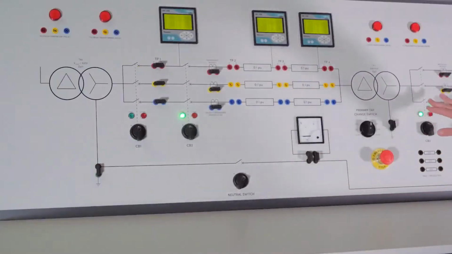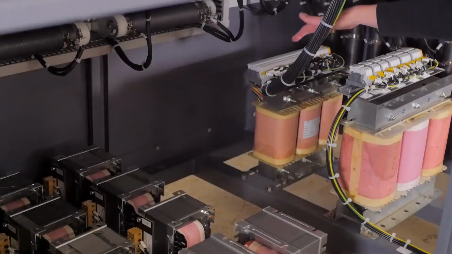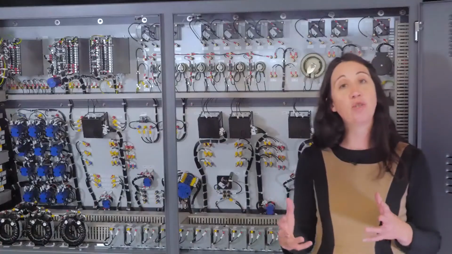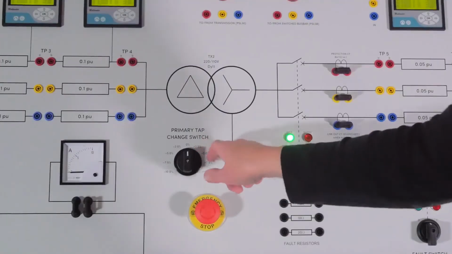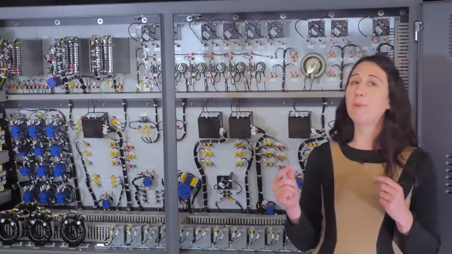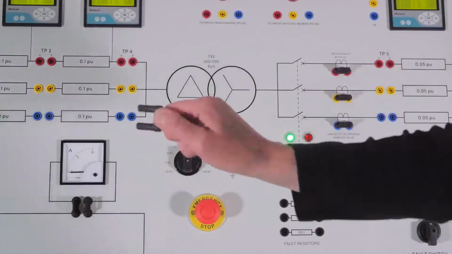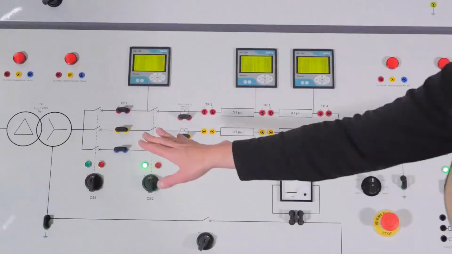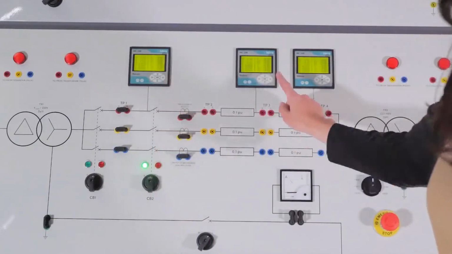And the other transformer acts as the distribution transformer to reduce the voltage down to consumer levels. This transformer also has adjustable primary taps used for voltage regulation experiments, and its secondary star point can be connected to earth. Between the 2 transformers are circuit breakers, meters and feeder models.